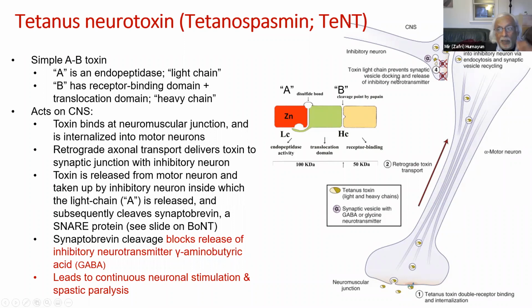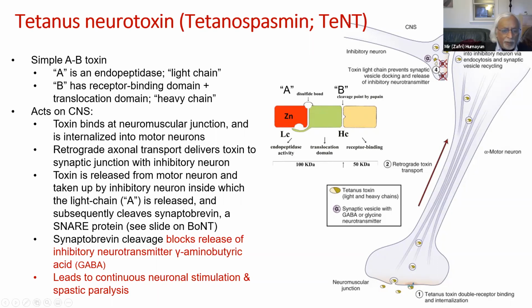The activity of the toxin in the inhibitory neuron is such as to proteolytically destroy a specific protein called synaptobrevin. What synaptobrevin is will be made more clear in a subsequent slide when we're talking about botulinum toxin. But basically, for our purposes here, it acts in the inhibitory neuron.